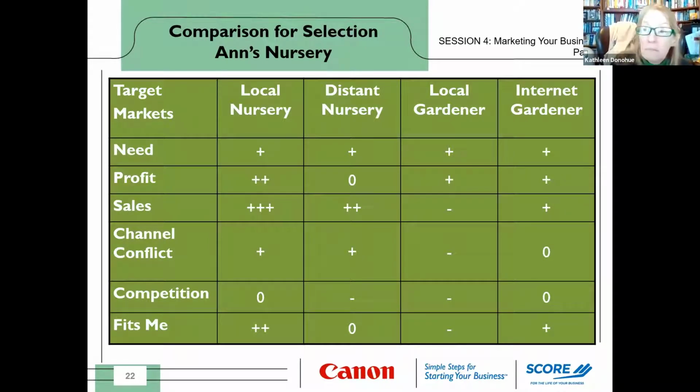Flat, she used a 0. And for the things that she thought, I'm not really strong here, this actually could be difficult for me, there were some negatives. Okay. So what's the advantage of making a chart like this? It's pretty simple. You could see it more.